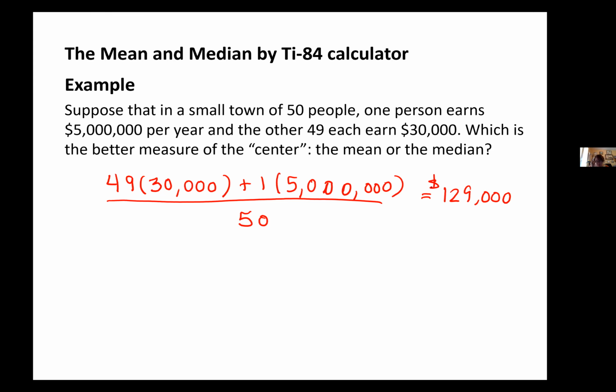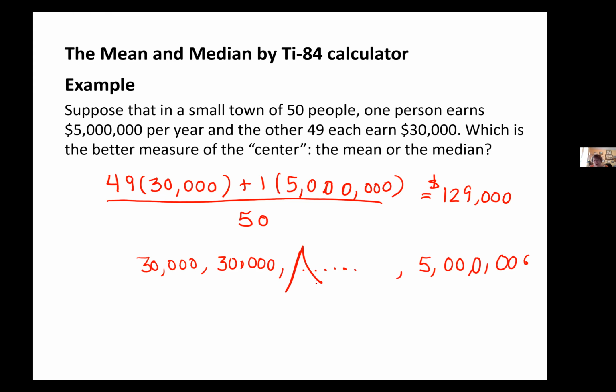Now, if I were to calculate the median, it is the middle of this data. So if I listed off 50 of these data values, I'd have 30,000, 30,000, ... 5 million. So the middle, the median, is going to be 30,000.